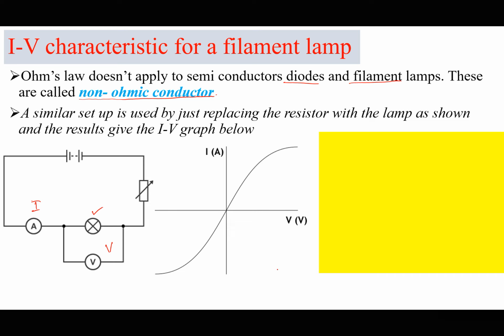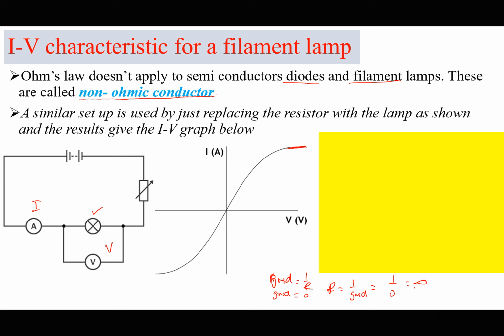Remember, the gradient of an IV graph is equal to 1 over R. Now here, when the line is perfectly horizontal, it means the gradient is 0. And remember, R is equal to 1 over the gradient. If the gradient is 0, then 1 over 0 is infinity.